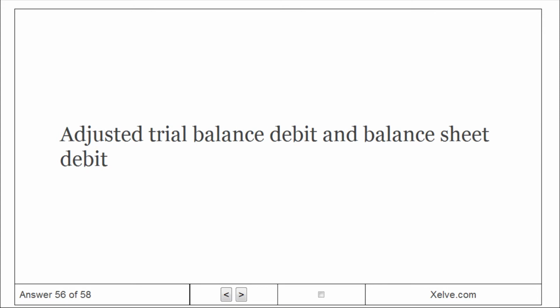In a worksheet, inventory is shown in the following columns: adjusted trial balance debit and balance sheet debit.